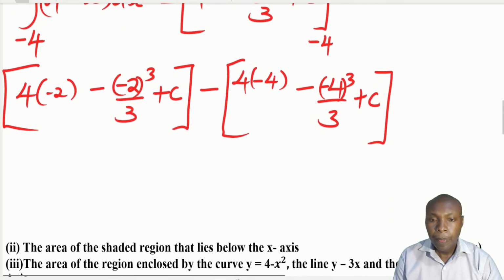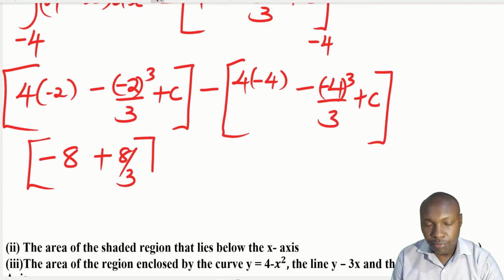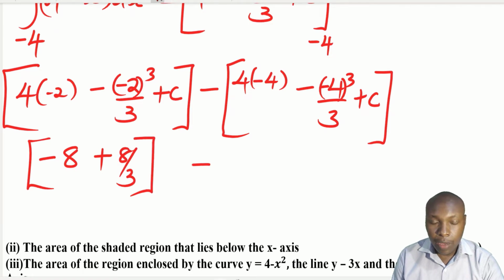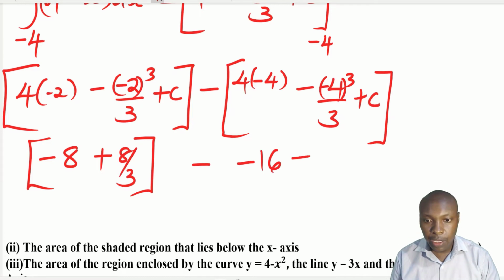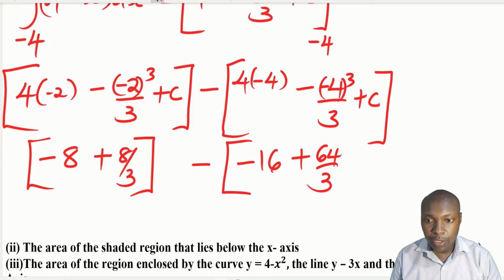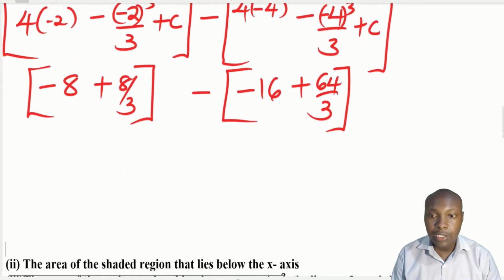Now working out the first part, this will be 4 multiplied by -2, this will give -8, and then this will give positive 8/3. I'm ignoring that constant c, since upon subtracting the other bracket, the constant c will disappear. It will subtract and you get a 0. So on the right hand side, you get -16 plus 64/3.